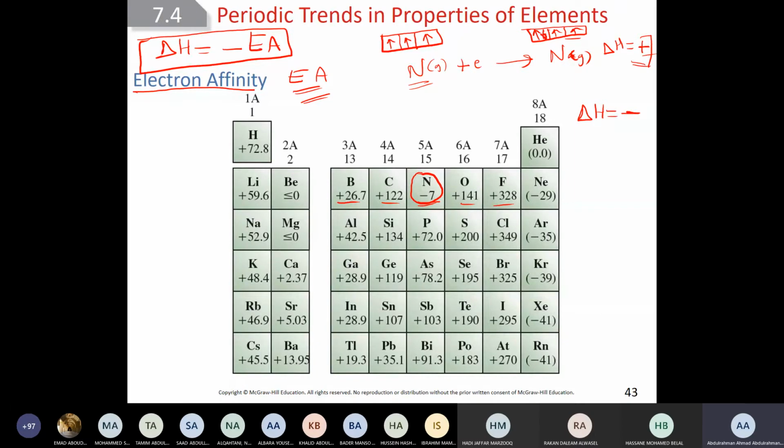Is this favored? No. So that's why it gives minus 7. Why is this not favored? In each room it likes to have only one electron, because of repulsion between electrons.